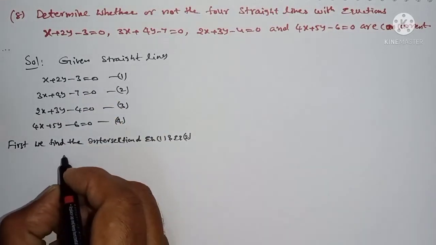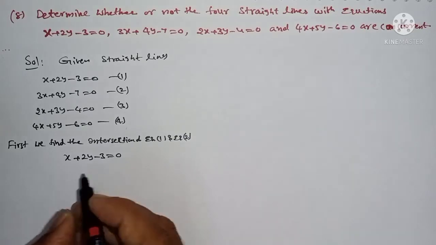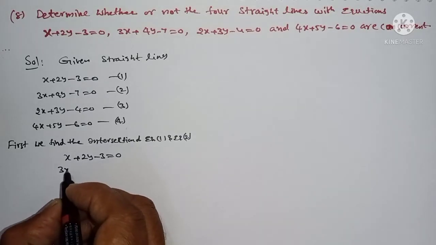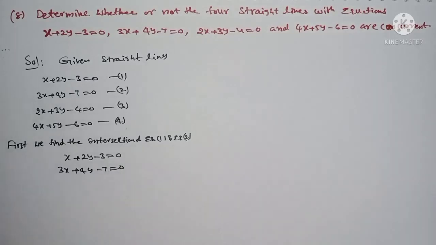What are the equations here? x + 2y - 3 = 0, and 3x + 4y - 7 = 0. How can we solve these two equations?